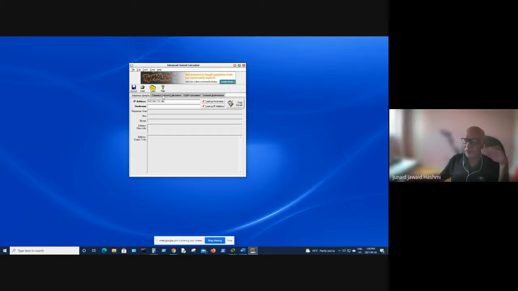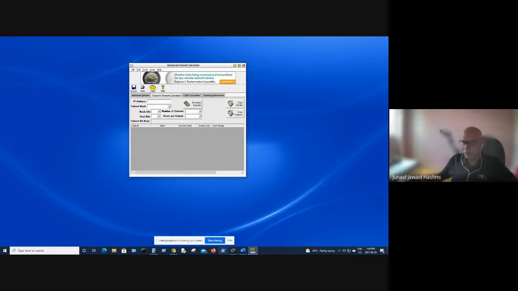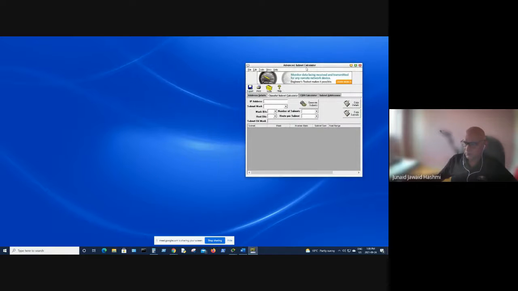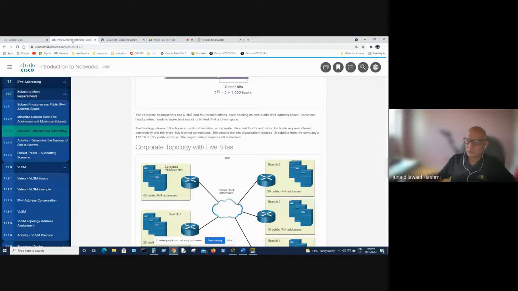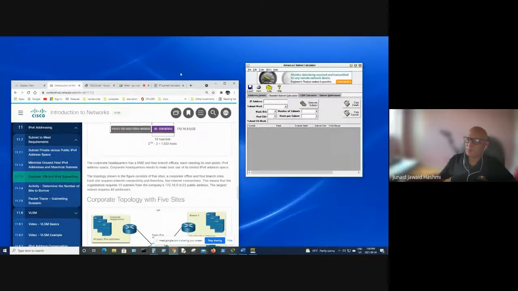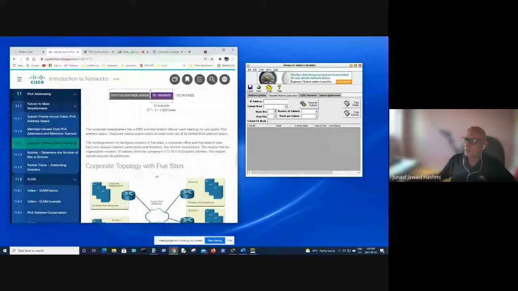So here, in the classful subnet calculator, if we do the same thing, 172.16.0.0 is the network IP address.